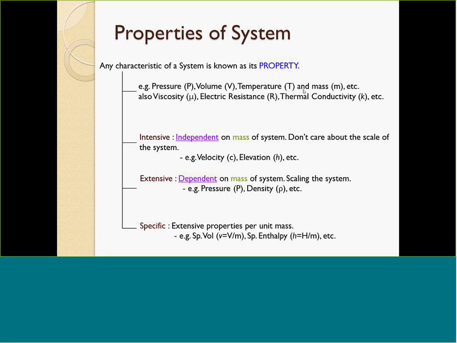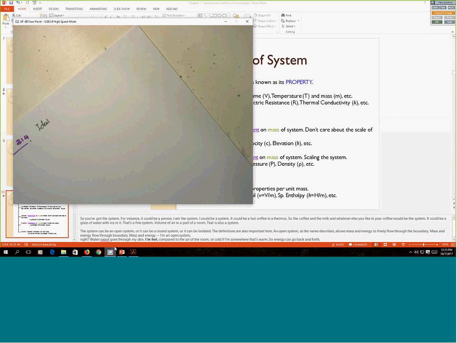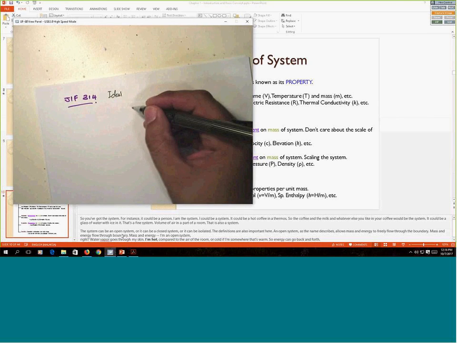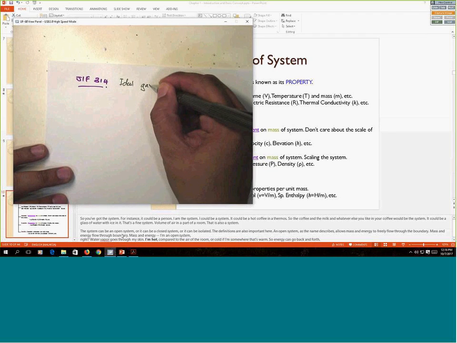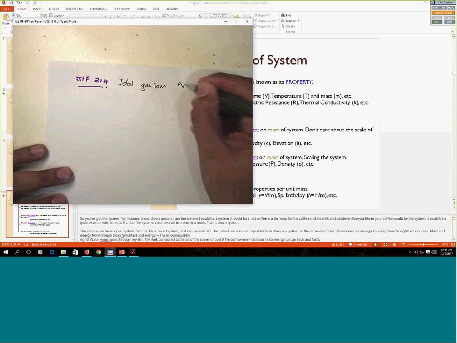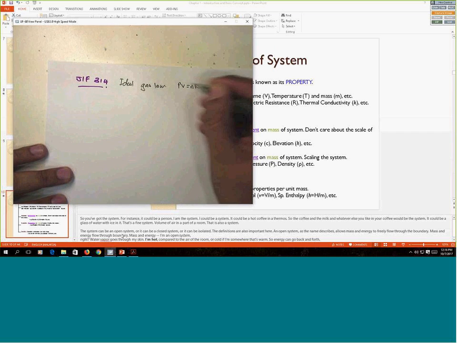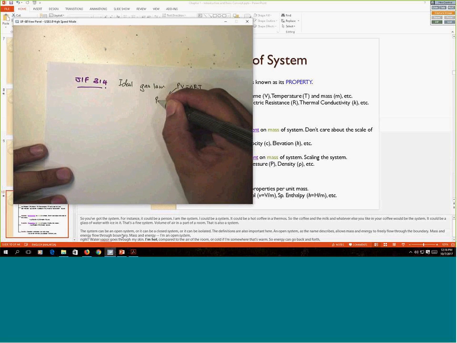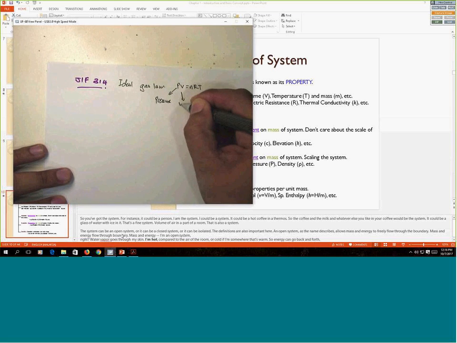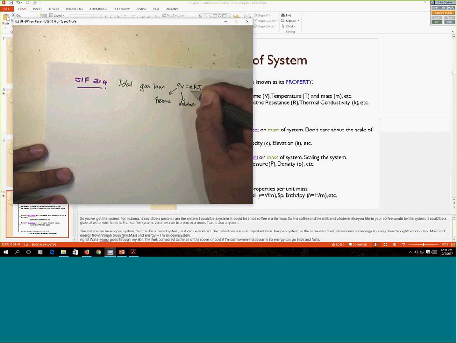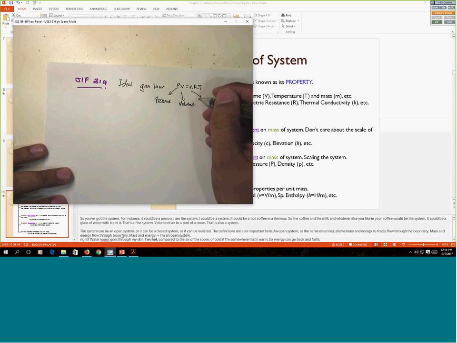The ideal gas law involves PV equals nRT, where P stands for pressure, V for volume, and n is the number of moles. R is the gas constant.